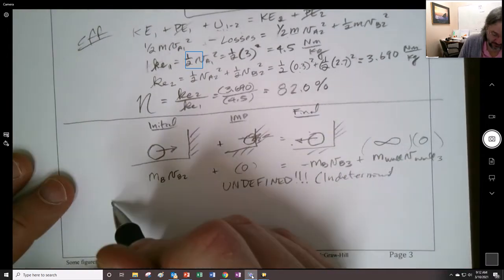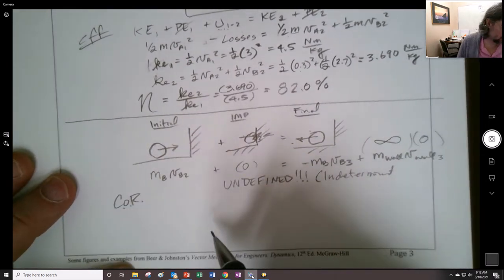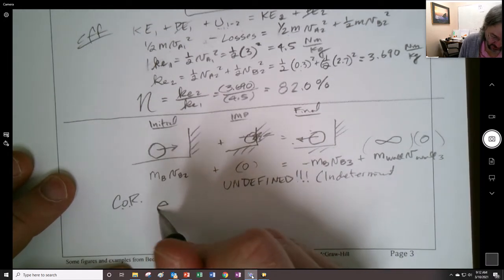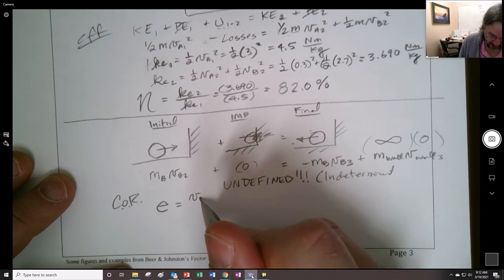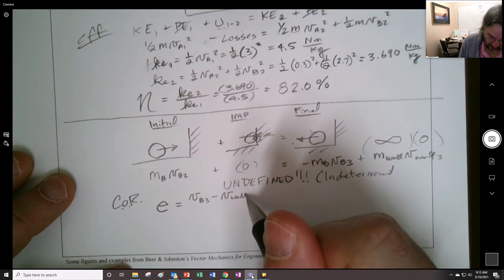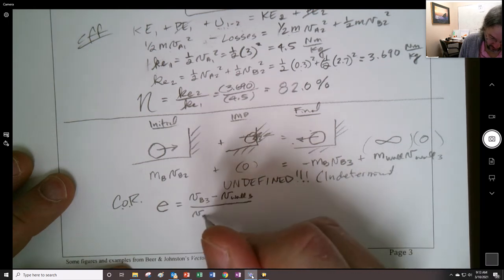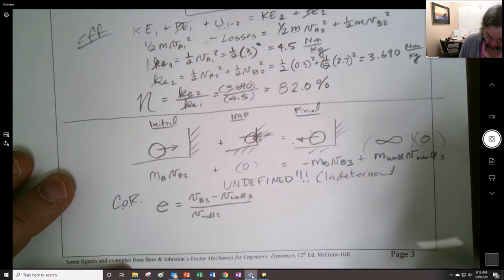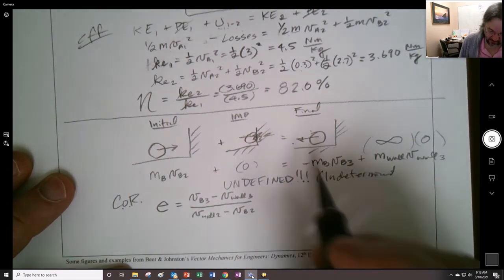Okay, so what do we do? We use the coefficient of restitution. Here's our collision taking place, and we say e is going to be equal to the velocity of B3 minus the velocity of the wall 3, divided by the velocity of the wall 2 minus the velocity of B2, right?